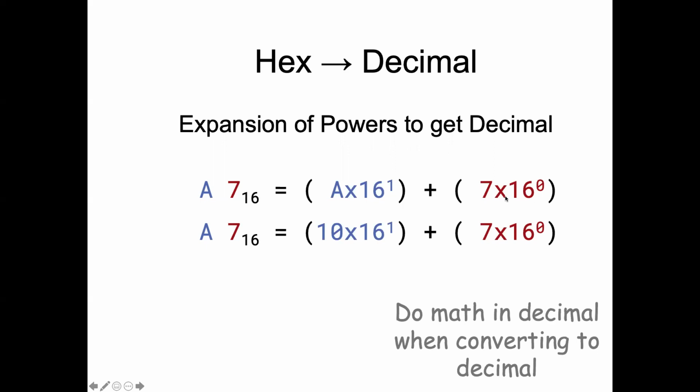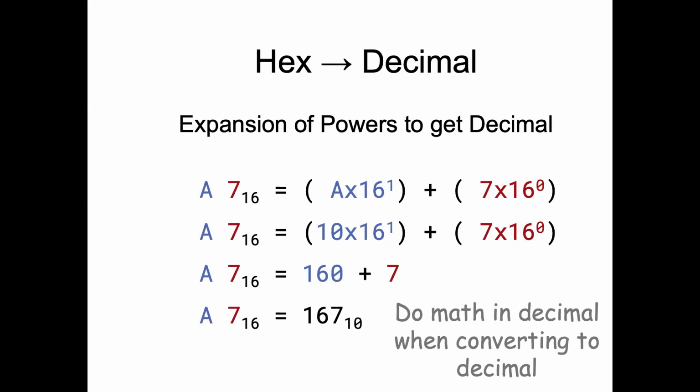If we wanted to know what this was in base 10, we could just add it up doing our math in base 10. So 10 times 16 to the first is 160. 7 times 16 to the 0th is 7 times 1, or just plain old 7. So that A7 in hexadecimal is just another word for 167 in base 10.